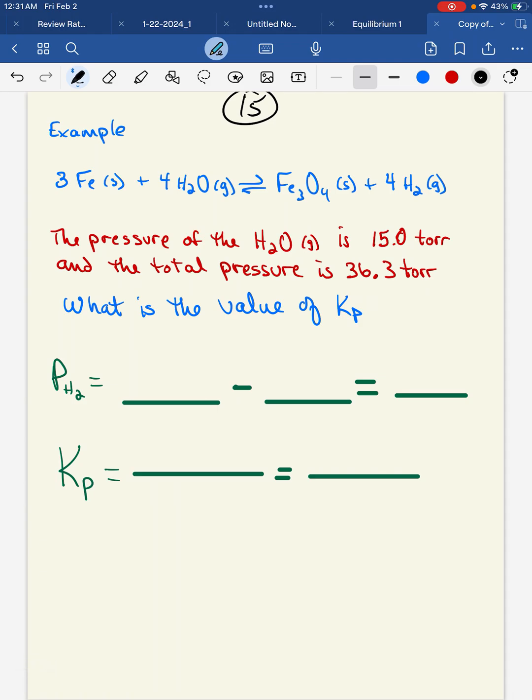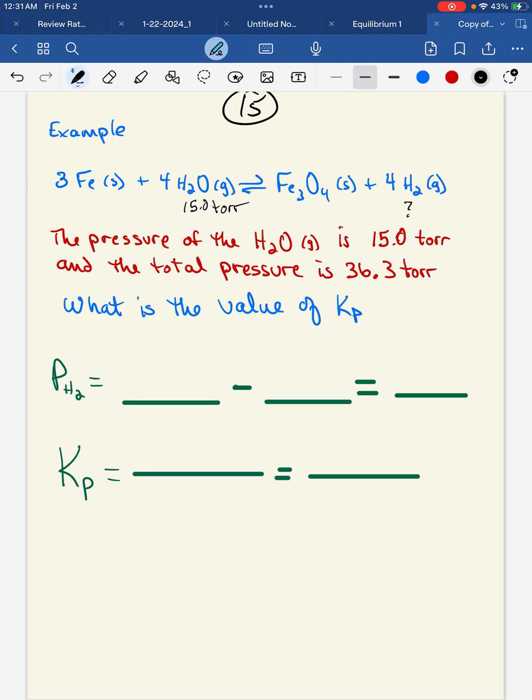And here's one using pressures. The pressure of the H2O gas is 15 torr, and the total pressure is 36.3 torr for the entire container. We don't know the value of Kp. We're going to have to do a calculation. We know that this is 15 torr.